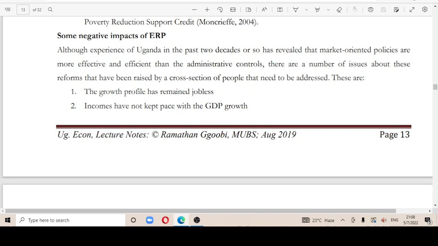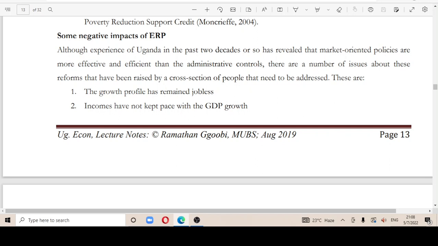So there are a number of issues about these reforms that have been raised by a cross section of people that need to be addressed, and these are some of the negative impacts of the ERP that was introduced in around 1987.